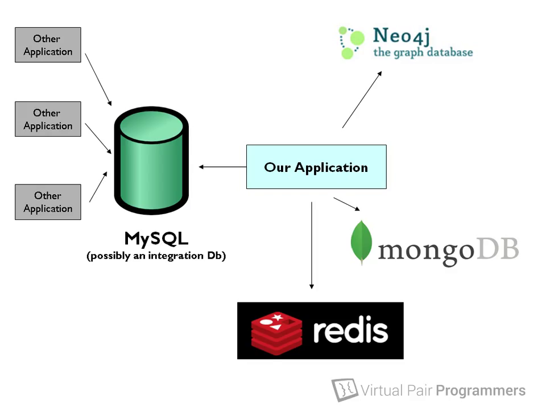But NoSQL is a very general term. It applies to a large collection of different types of database, all of which have different features. Now, we think there are at least 5 main types of NoSQL database. In this course, we're going to be studying 3 of them.